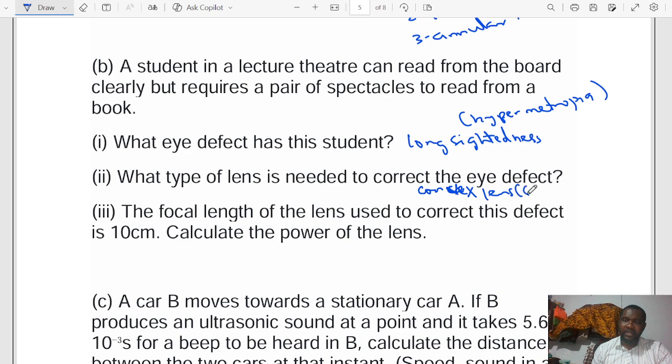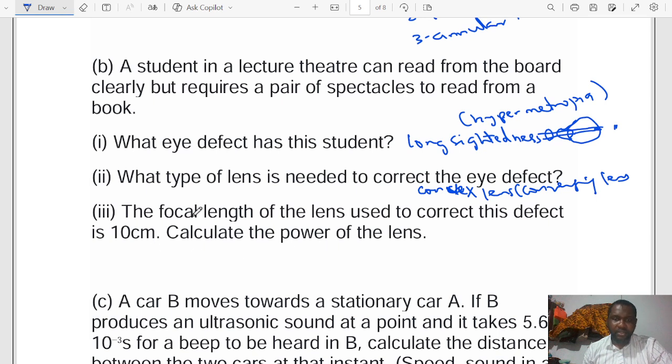This convex lens is also called a converging lens. So you need a convex lens to be able to converge the light to be formed on the retina. That's very important. Without this convex lens, the image will be formed somewhere behind the retina.